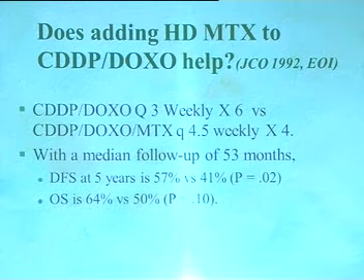This trial was heavily criticized for two reasons. Number one, the people who supported methotrexate said the interval between chemotherapy in the methotrexate arm was 4.5 weeks versus 3 weeks for cisplatinum Adria.